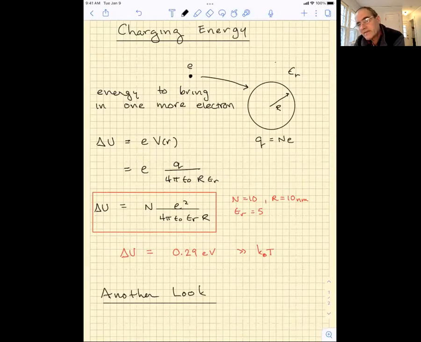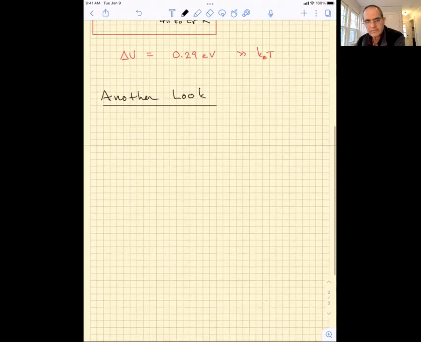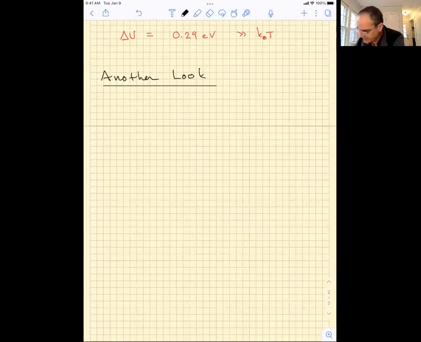Here's another look at the same problem. Another way we could think of this is we could say that the sphere has an electrostatic energy, U, which is given by the charge on the sphere and the capacitance. It's just 1/2 Q squared over C, as we remember from physics 2, okay? Here, Q, once again, will be N times e. And then we'll look at the capacitance in a moment.